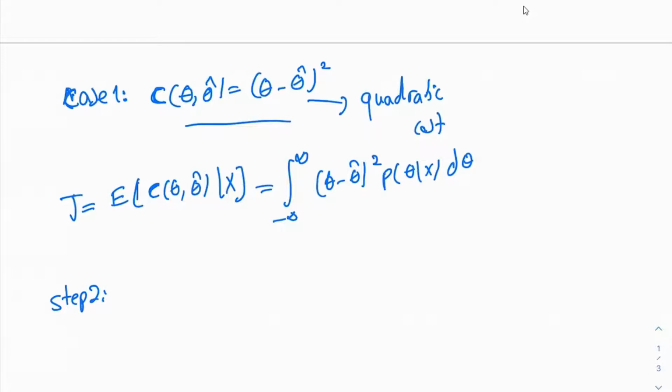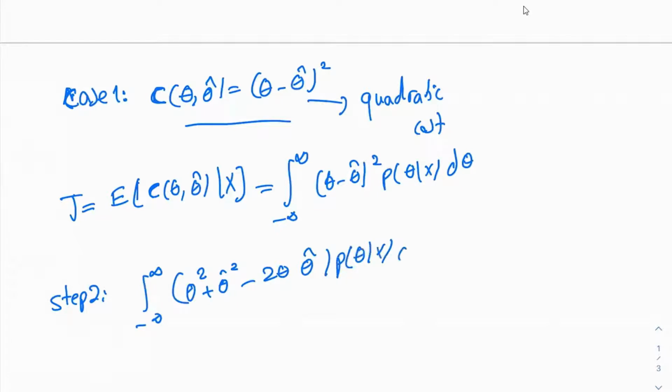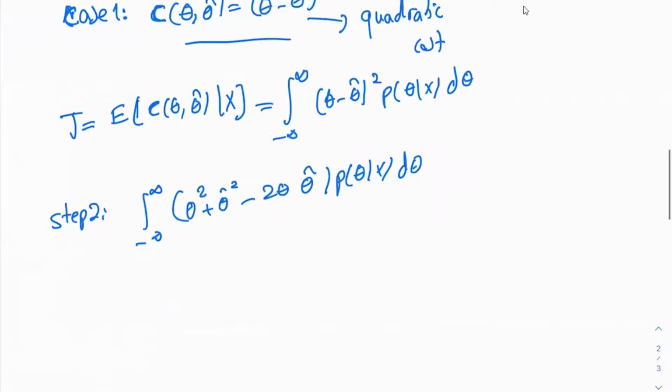So the steps are actually fairly intuitive here. Now we need to simplify this expression. You get theta squared plus theta hat squared minus 2 theta theta hat times p of theta given x d theta. Okay, we are almost there now. Now the goal is to differentiate J with respect to theta hat and set it to 0, right? Remember, we want to find the theta hat.